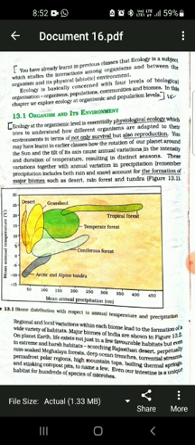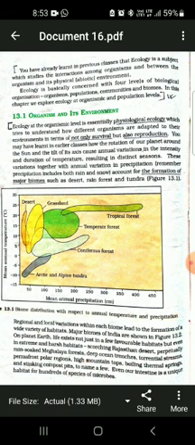Not only this, the organism has to interact with the other organisms living in its surroundings also. So this is the physiological ecology, which tries to understand how different organisms are adapted to their environment in terms of not only survival but also reproduction.